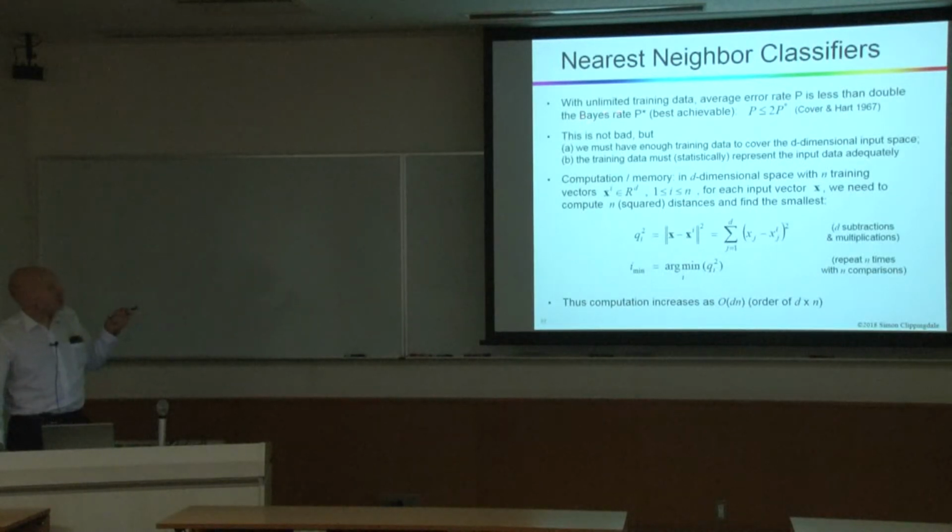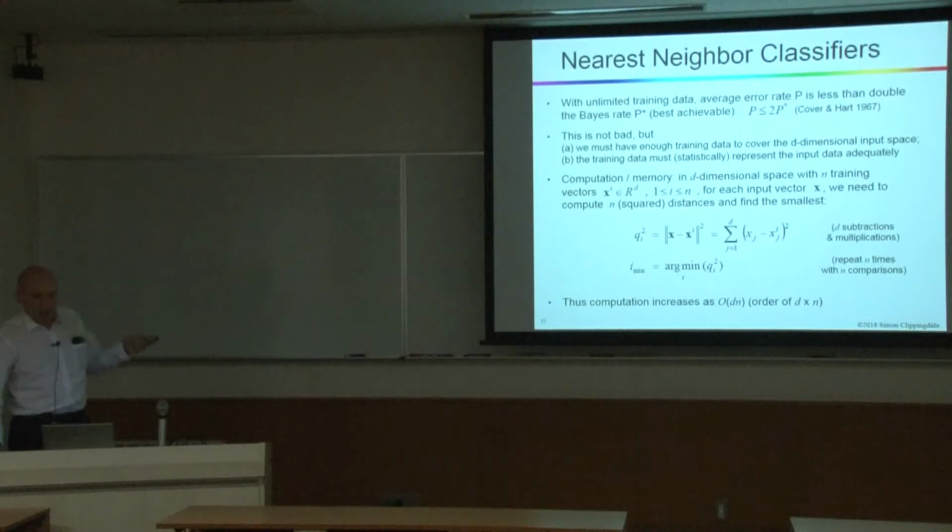You can show that with unlimited training data, the average error of a nearest neighbor classifier is less than double the minimum error that we saw in the previous section, P star. That was proved back in 67, so that's a 50-year-old result, 51.